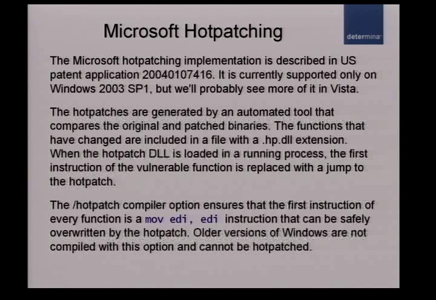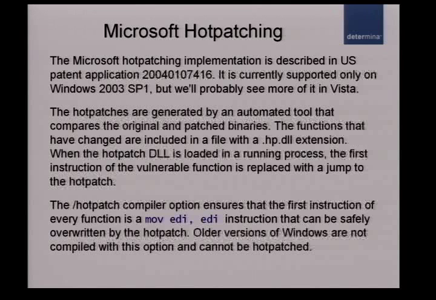When the Microsoft hot patch is applied, it replaces the first 2 bytes of the function, which are the mov edi, edi instruction, with a short jump back to the padding. Then it puts a 5-byte jump in the padding area that goes to the hot patch DLL. This allows Microsoft to replace one function with its patched copy.